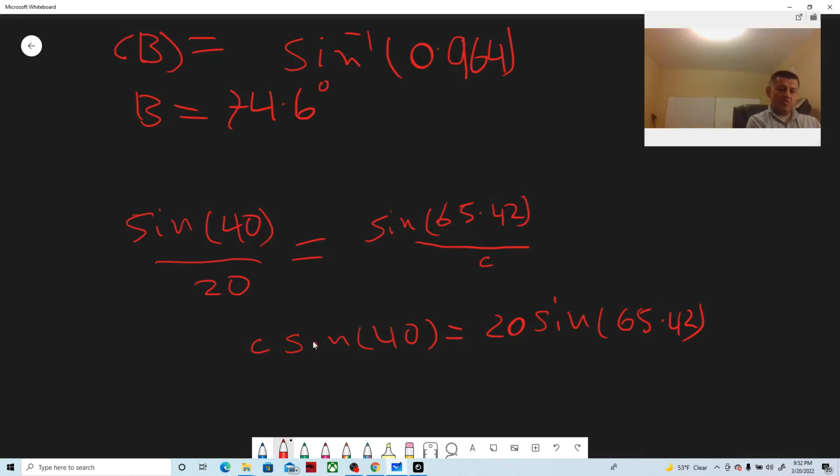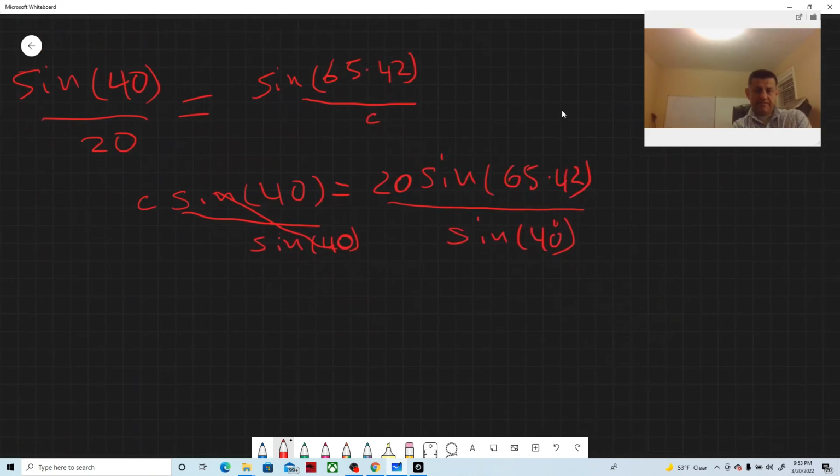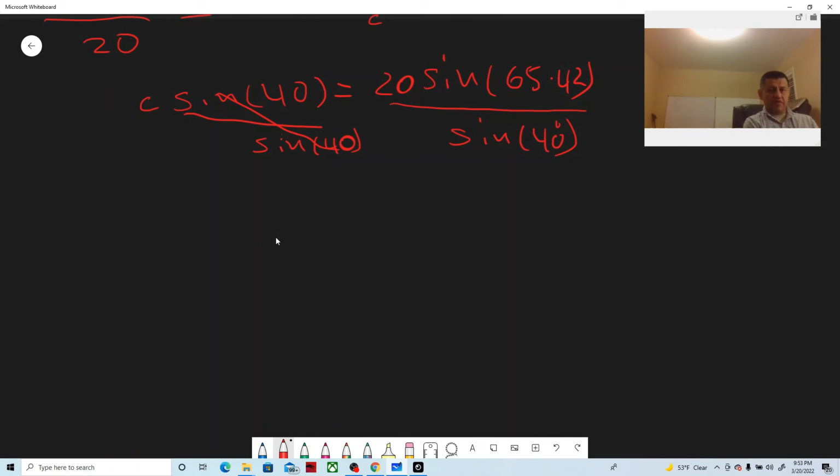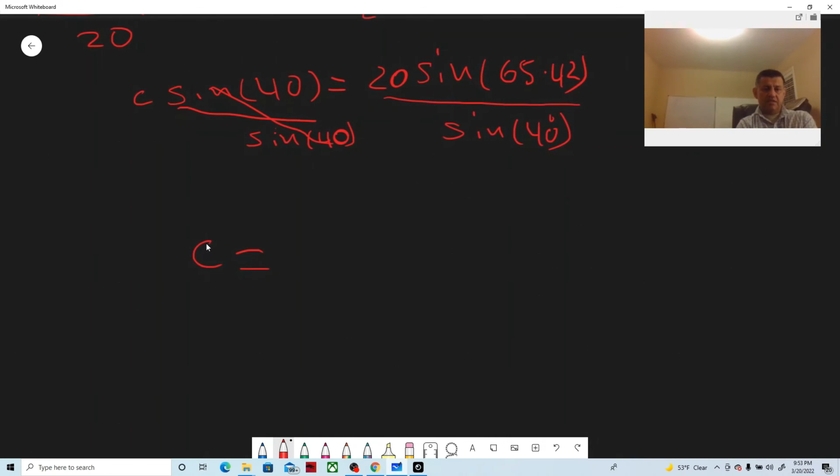And then we want to divide by sine of 40 on both sides, right? And we get c, a small c. It looks like a big c, but I think you guys get it. Technically it's supposed to be lowercase.